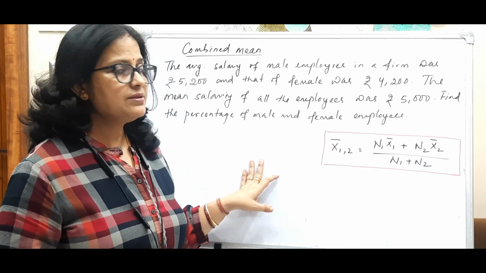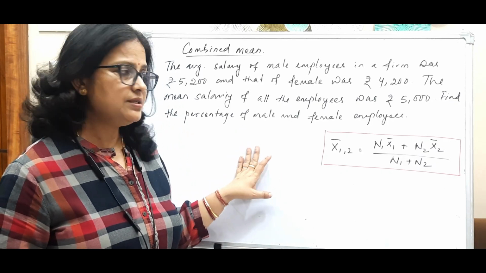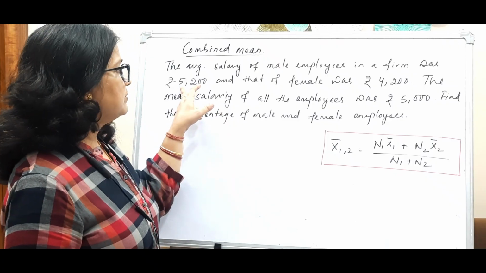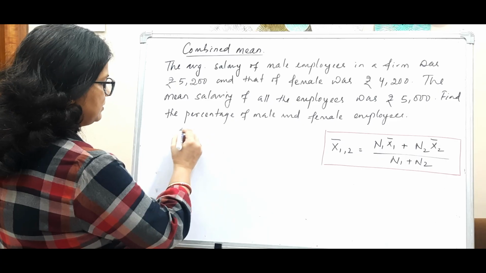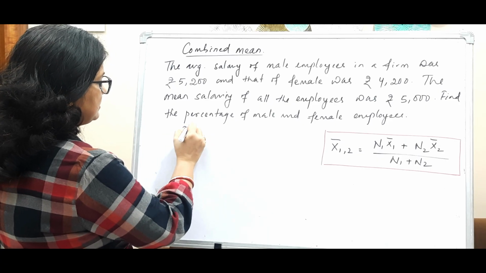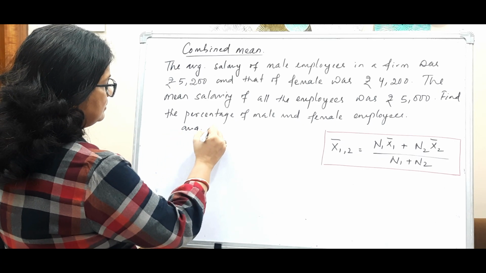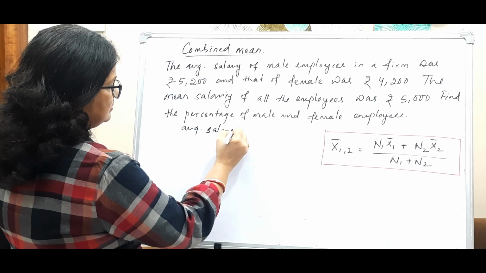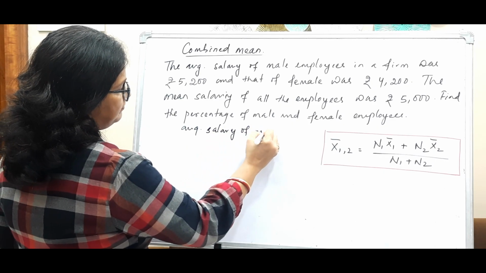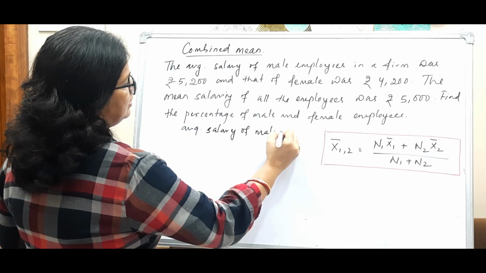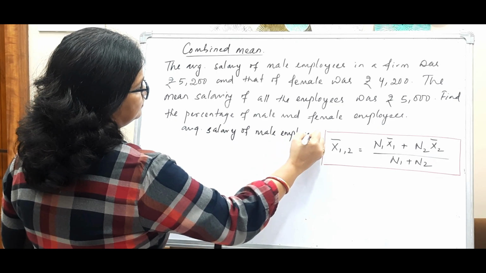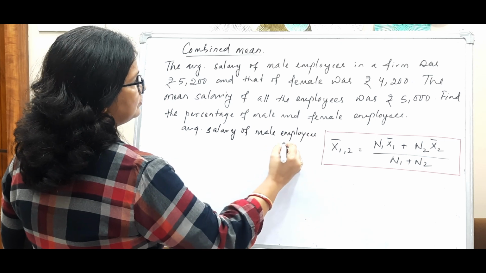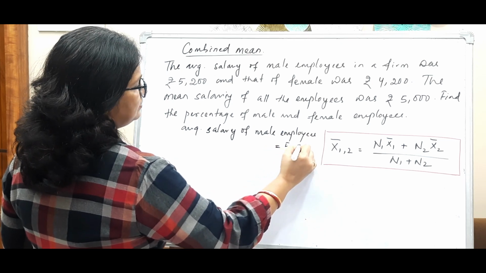So what is given in the question? First we need to write the average salary of male employees. Let us solve it. Average salary of male employees equal to 5,200.